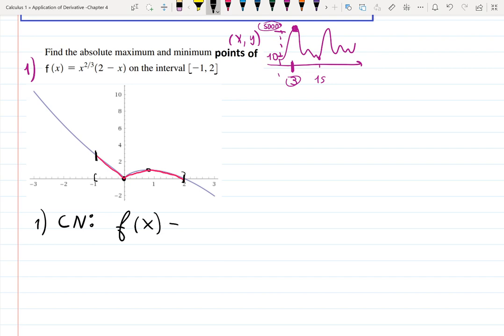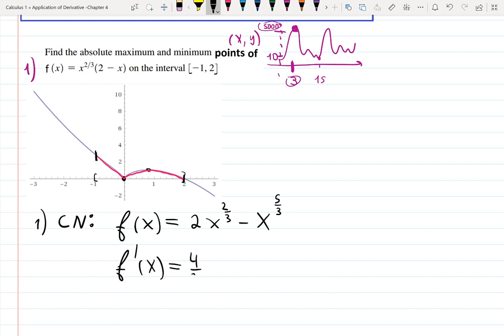I will first distribute everything, and I will have 2x^(2/3) - x^(5/3), because 2/3 plus 3/3 is 5/3. Now you can find a derivative. Do you want to do it yourself? Maybe pause first and then continue.